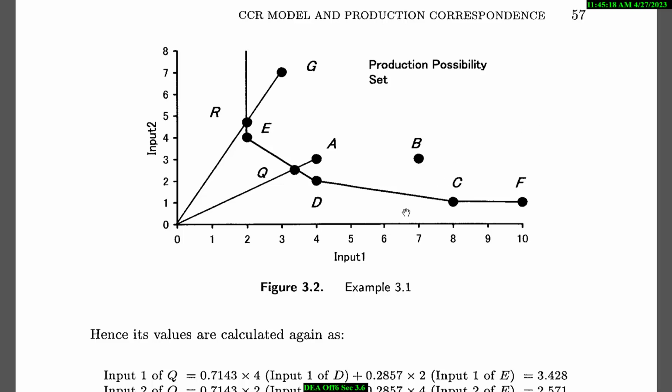For example, by using the DMUs, you can easily make the production possibility set.